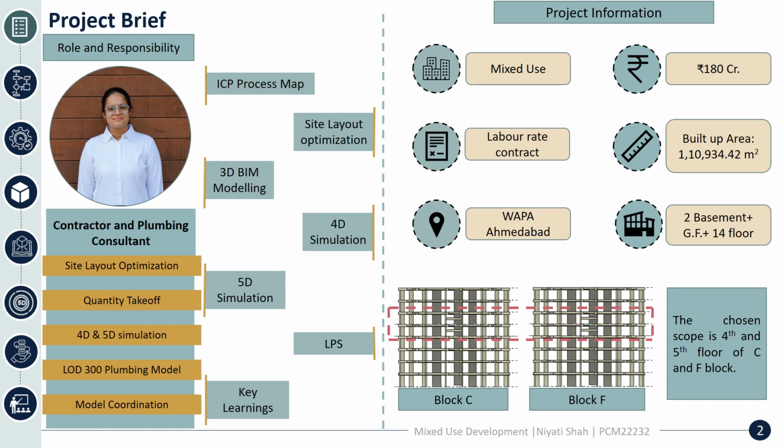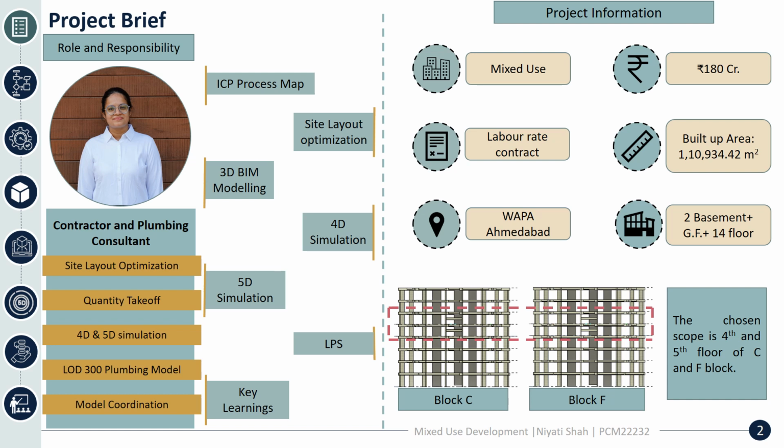In this studio, each member played the role of a key stakeholder to simulate the process of BIM implementation. I, Niyati Shah, have played the role of contractor and plumbing consultant. The major responsibilities were site optimization, quantity takeoff, 4D and 5D simulation, LOD 300 plumbing model, and model coordination.